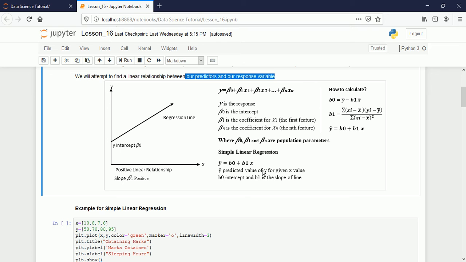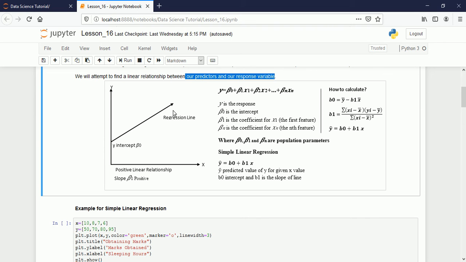y is the predicted value for y, for given x values, and b naught is the intercept, and b1 is the slope of the line. Through the slope we understand the relationship: if the line goes from up to down, that is called a negative relationship.